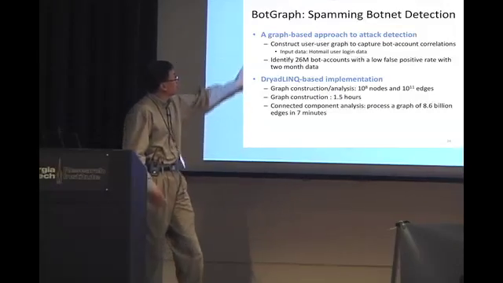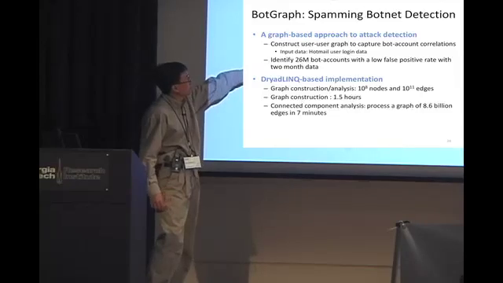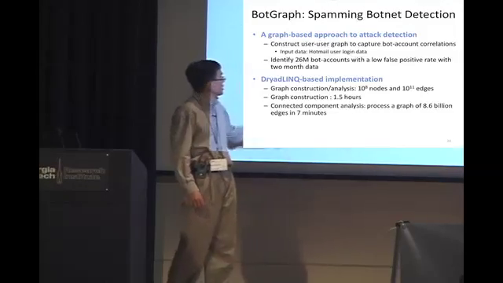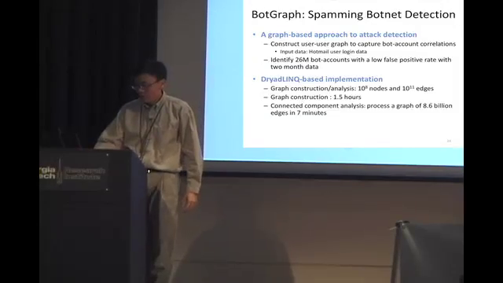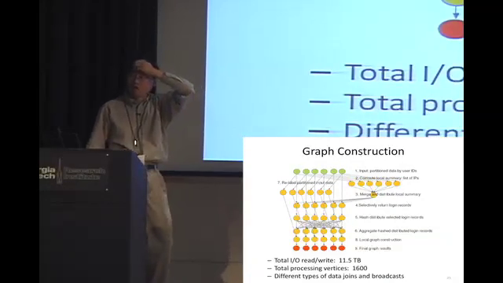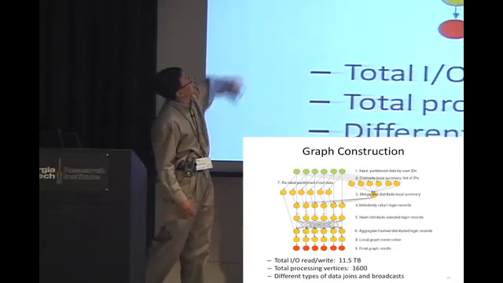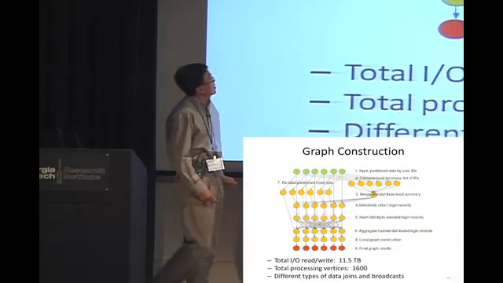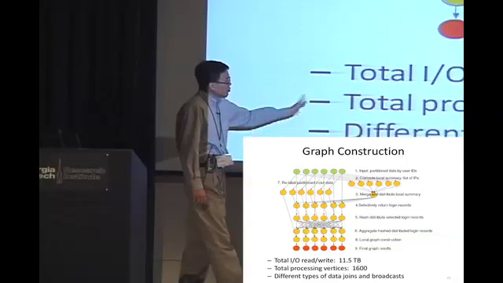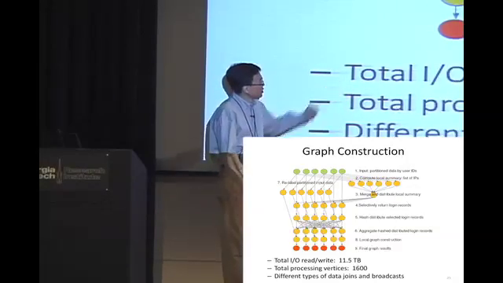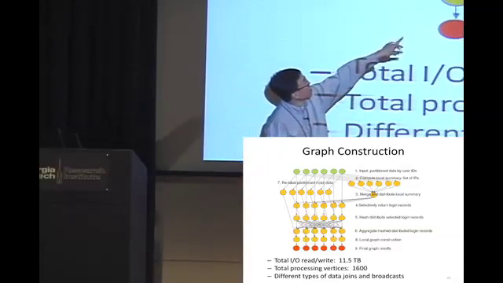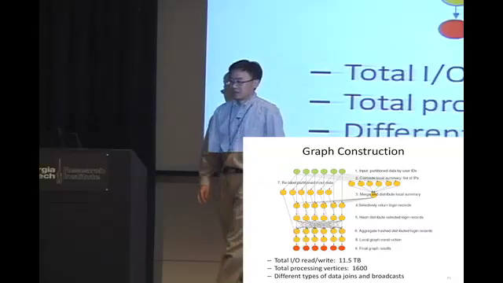After the construction, they do a connected components analysis, which takes about 7 minutes. Here is the execution graph for the graph construction, and it's quite substantial. The interesting thing here is that it does all kinds of joins and broadcasts.